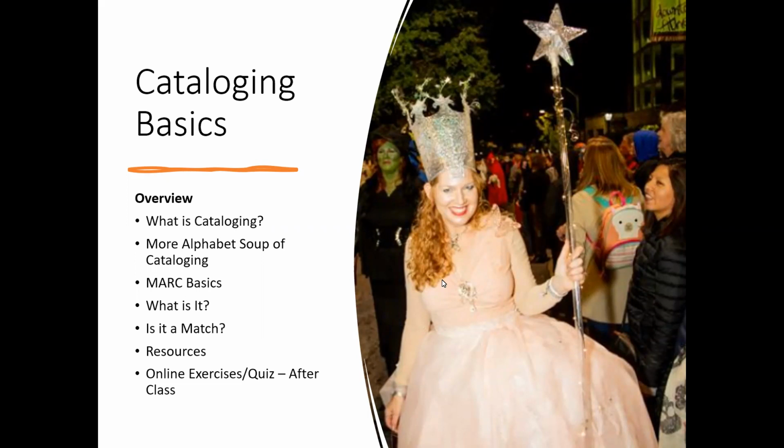You do it, you're done, out the door, or onto marking, or onto the shelf, or onto the patron waiting for it, or wherever it may be going. It's those challenging things that is really where we hit those stumping points. So we're going to talk a lot about what is it today, but we're going to talk much more about it next time. We're going to finally, just very briefly, talk about what is a match and is it a match, but we're really going to focus on that next time.